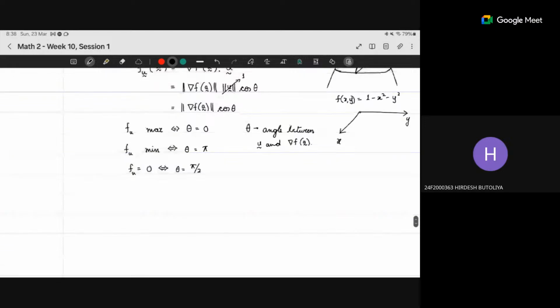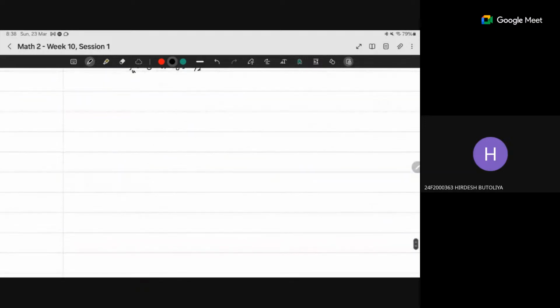In other words, we have the following. Fu is maximum if u is equal to the gradient divided by its norm.